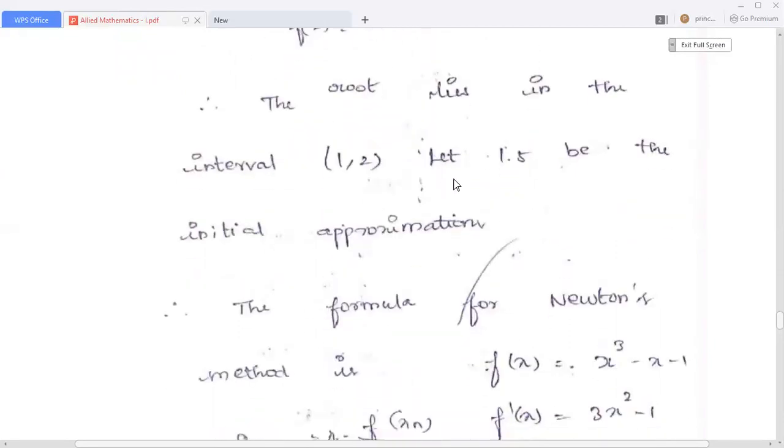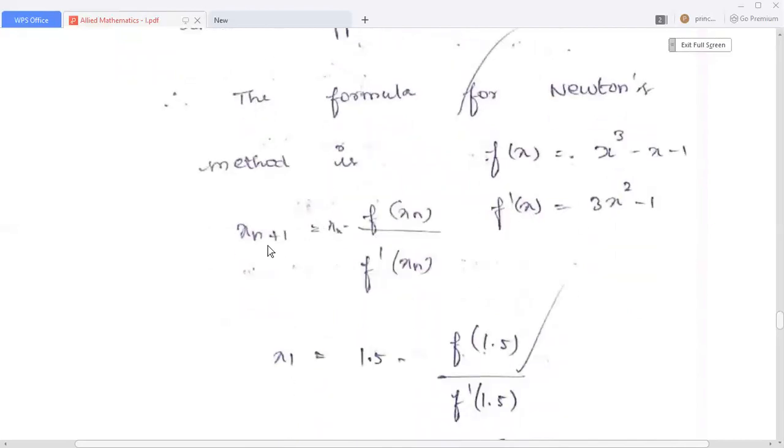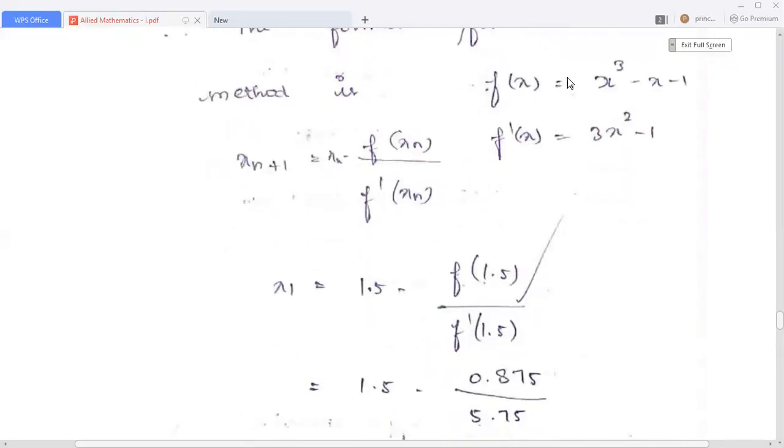Now we choose the initial approximation x0 equal to 1.5. So 1.5 be the initial approximation. Therefore, the formula for Newton's method is xn plus 1 equal to xn minus f of xn by f dash of xn. Here f of x equal to x cube minus x minus 1, f dash of x equal to 3x square minus 1. These values are to be substituted in this formula.